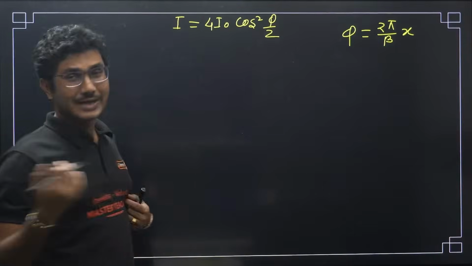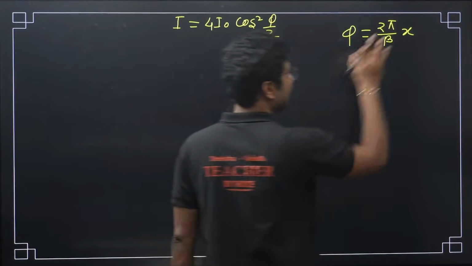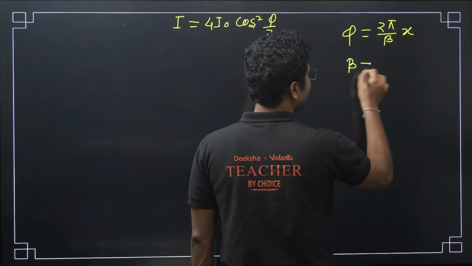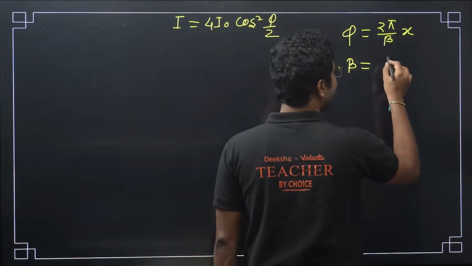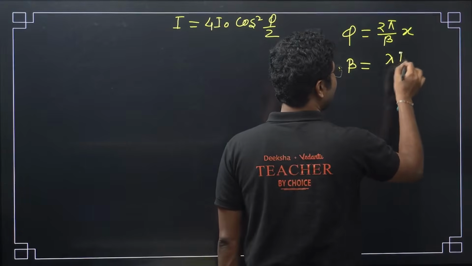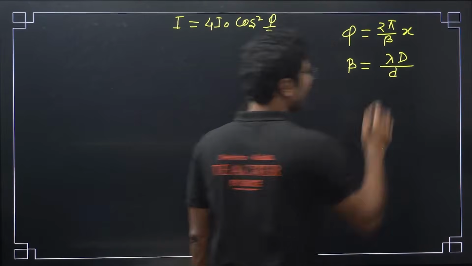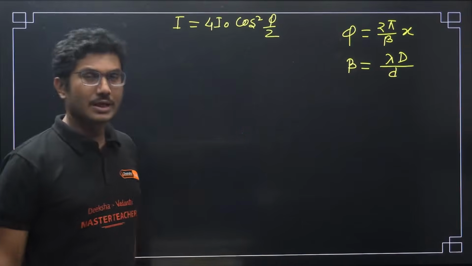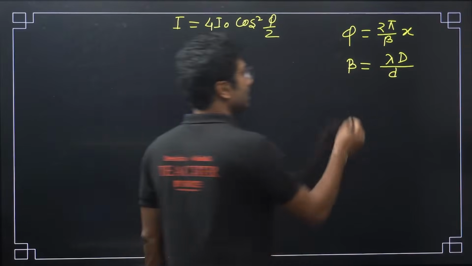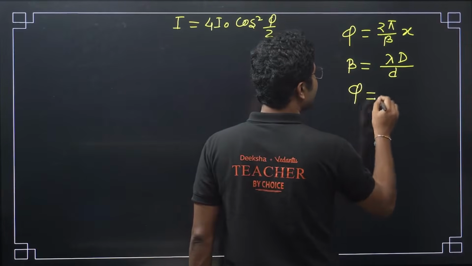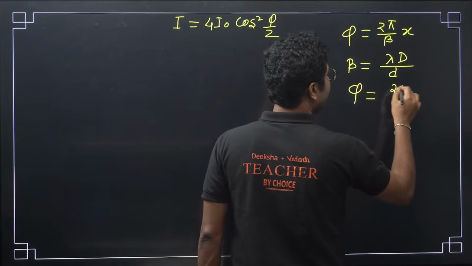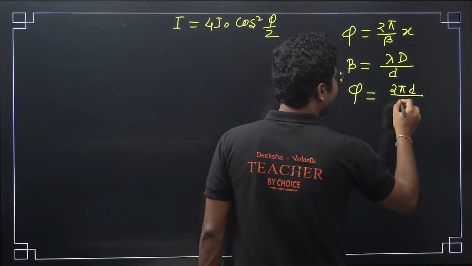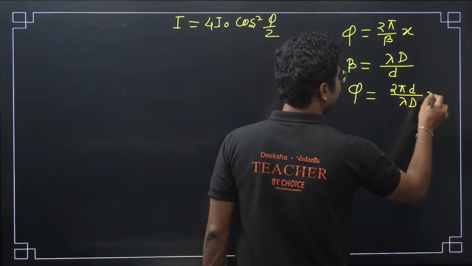Beta's direct formula is not part of the syllabus, that's why I am saying this is the formula I am using. So what is the formula for beta? Lambda into capital D by small d. Those who are preparing for JEE, anyway you have to remember this formula, it is part of the JEE syllabus. So phi becomes 2 pi into d by lambda capital D into x.